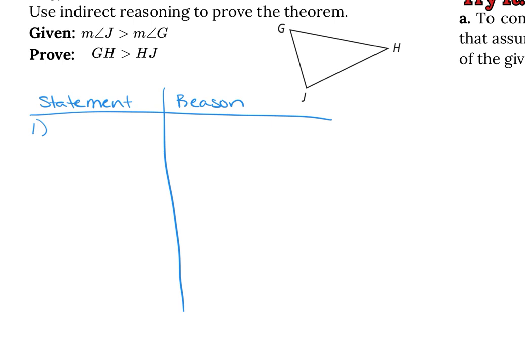Okay, so we want to assume that GH is less than or equal to HJ. So we're making an assumption.